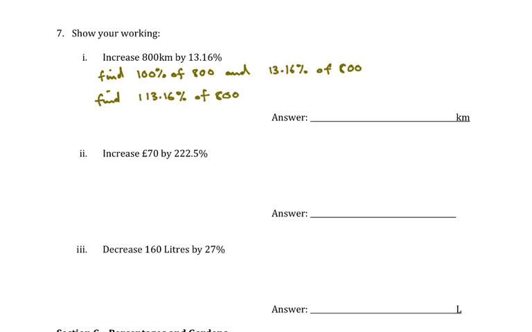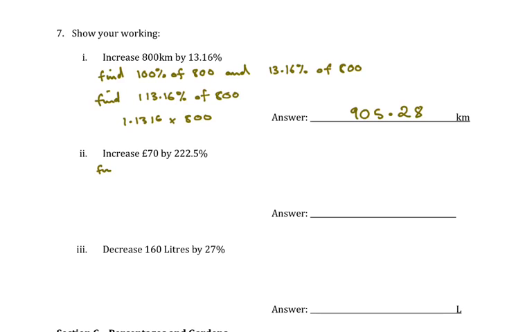Okay, so this is the key to doing these types of questions. You change the increase-decrease question to a find question, and then you change the percentage to a decimal, 1.1316, change of to multiply, and then you've got a nice multiplication to do in your calculator. This gives you 905.28 kilometres.